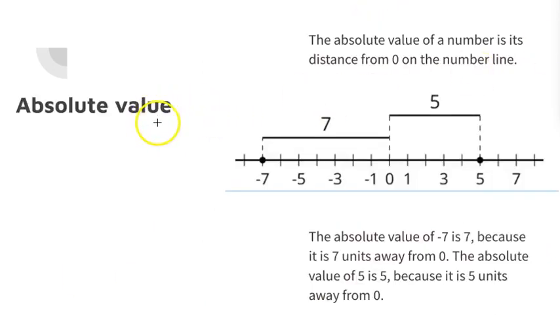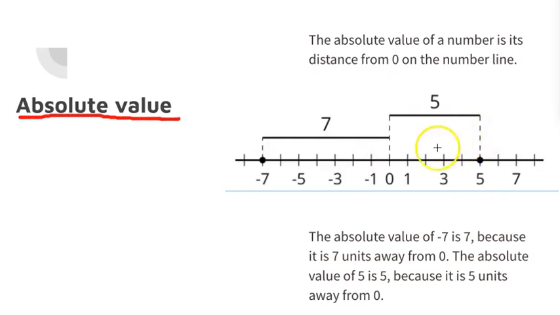Let's get a bit of definition down here for absolute value. So absolute value of a number is its distance from 0 on the number line. So you might want to jot this example down. The absolute value here of -7 is 7 because it's 7 units away from 0. Absolute value of 5 is 5 because it's 5 units away from 0.